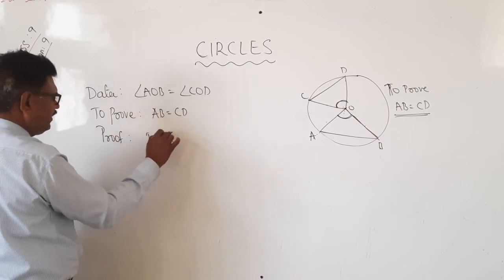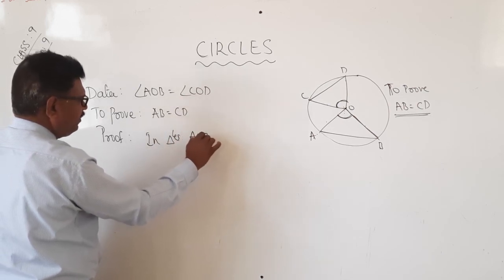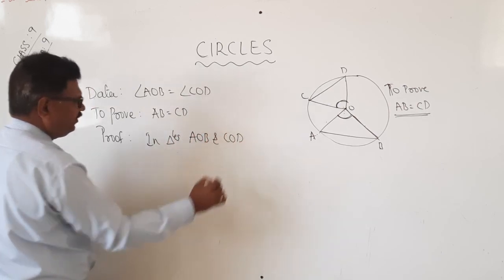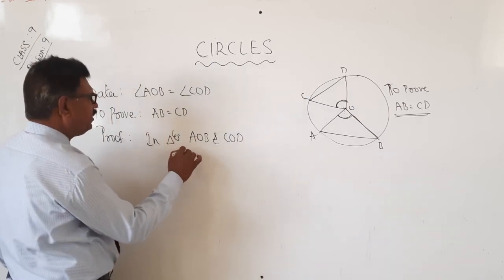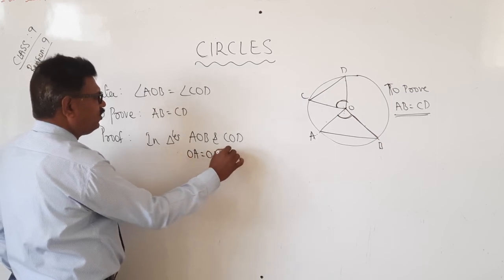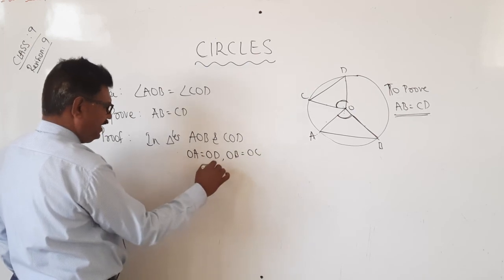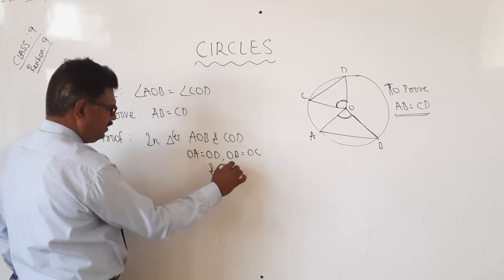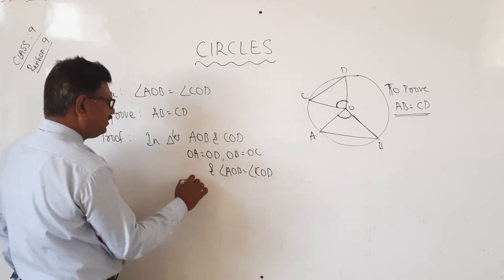Consider triangles AOB and COD. OA equals OD, OB equals OC, and angle AOB equals angle COD.